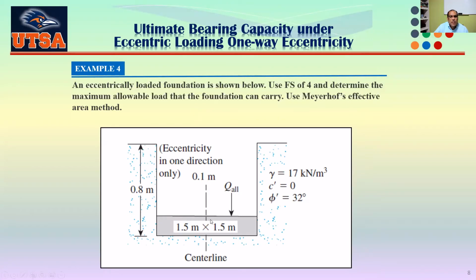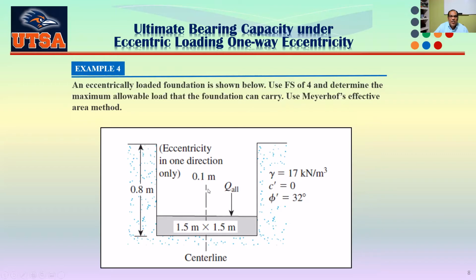So this is just one-way eccentric. The foundation is 1.5 into 1.5, which means this is a square foundation, and the load is applied 0.1 meter away from the center of the foundation.